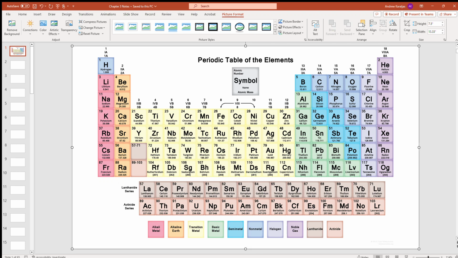So we left off with our brief introduction to the periodic table and some brief things about some of the elements. But what we're of course more interested in is what happens when elements combine to form molecules.